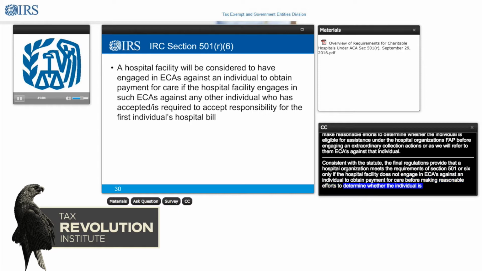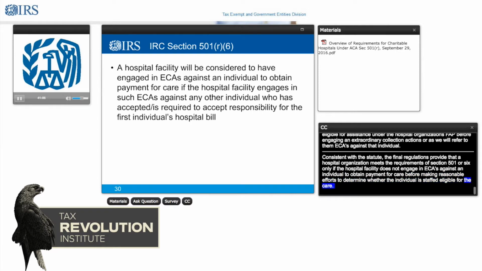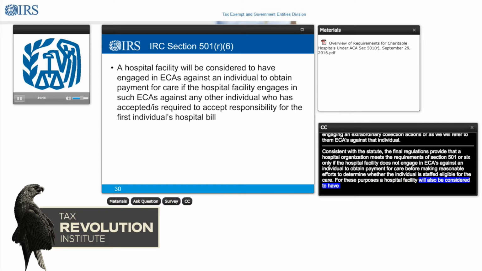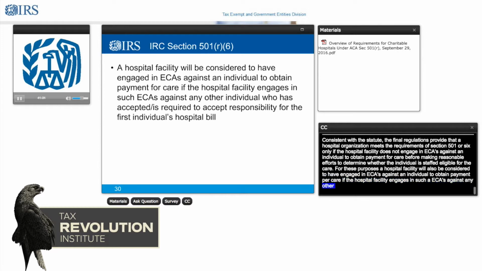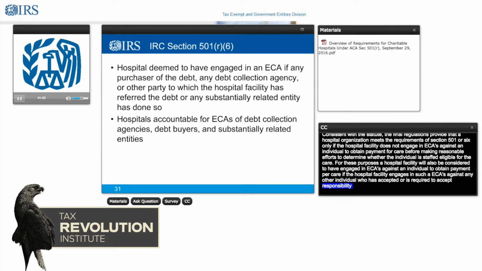For these purposes, a hospital facility will also be considered to have engaged in ECAs against an individual to obtain payment for care if the hospital facility engages in such ECAs against any other individual who has accepted or is required to accept responsibility for the first individual's hospital bill for the care.